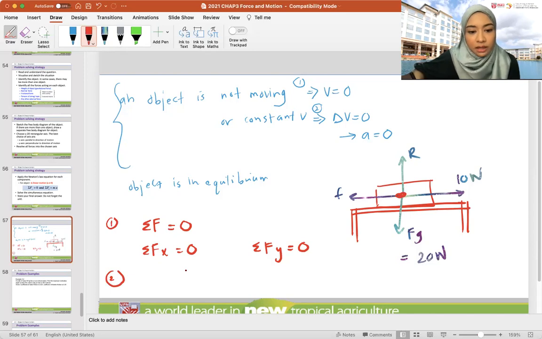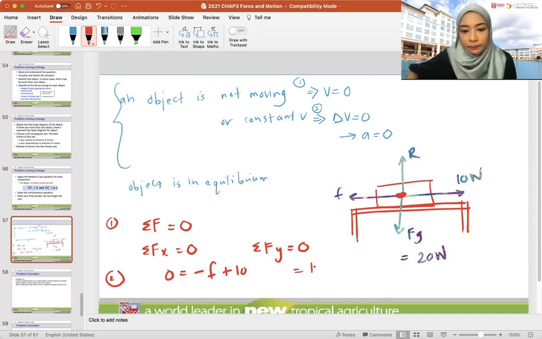So in your Fx direction, we have friction to the left, minus F, and we have 10 Newton to the right. So this is equal to 0. And then in the forces in the Y, we have reaction going up, and then we have Fg, which is equal to 20 Newton going down. This is equal to 0.